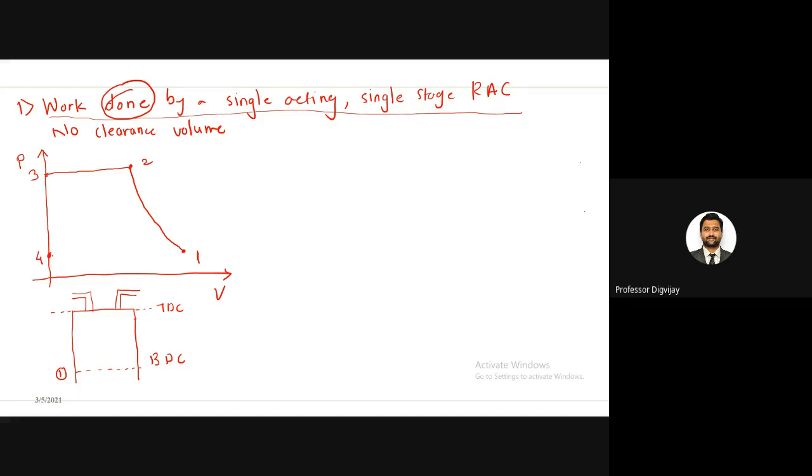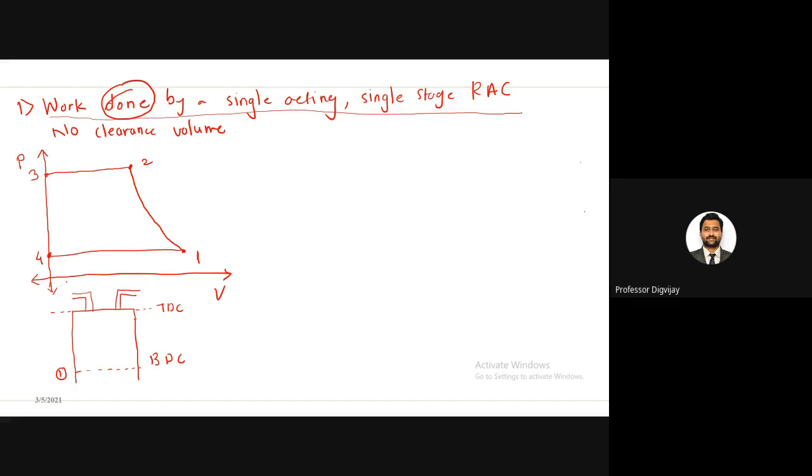The inlet port is open and air is starting to move inside. At point 3 the piston is at TDC, top dead center. Now as the piston moves from top dead center to bottom dead center, the air will be taken inside at constant pressure. So this is the PV diagram for a reciprocating air compressor.